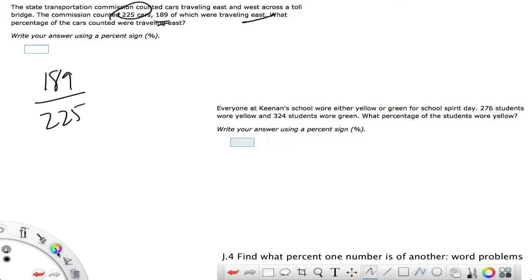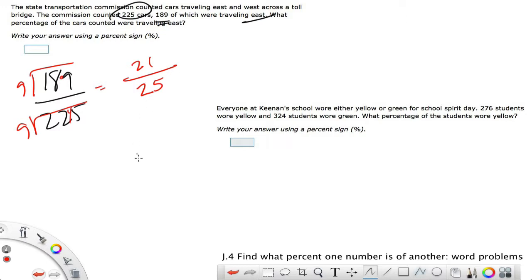Again, we use what we know about the divisibility rules to see that 9 will go evenly into this one, and 5, 6, 7, 8, 9, if we add these up, will go in here as well. So using short division, 9 goes in 18 twice, the remainder is 0, and 9 into 9 is once. 9 into 22 goes in 2 times with 4 left over and 5. So in this case, 21 over 25.